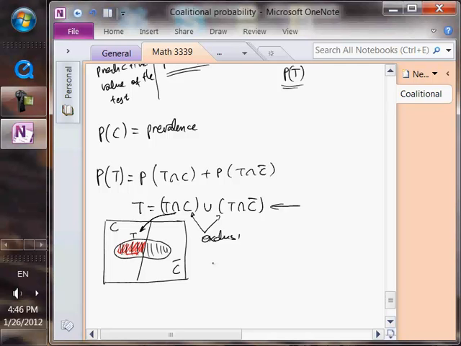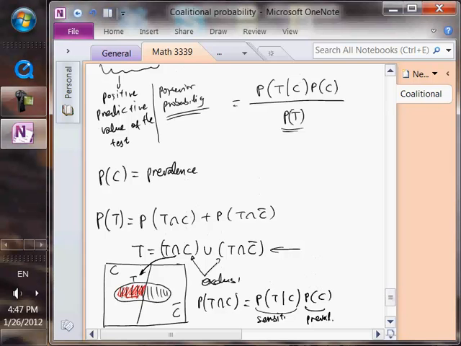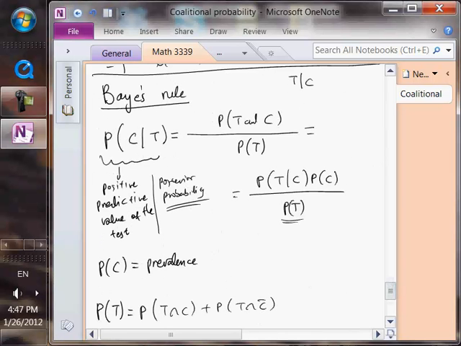Now let's take those two probabilities separately. The first one has already appeared. It is this conditional times the probability of C. So here I have the sensitivity, and here I have the prevalence. And if you see that one, it's actually the numerator.